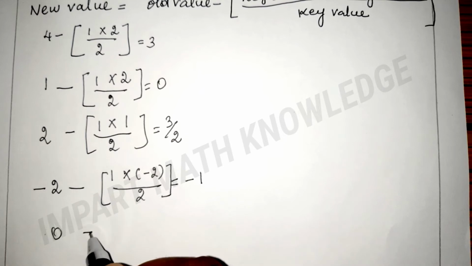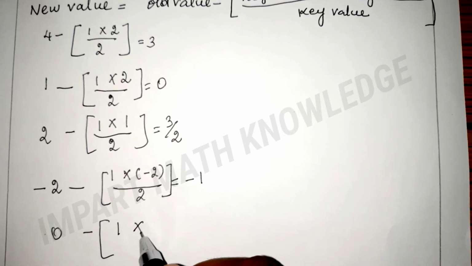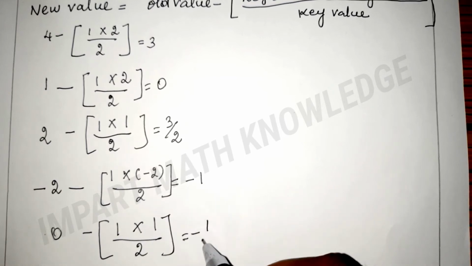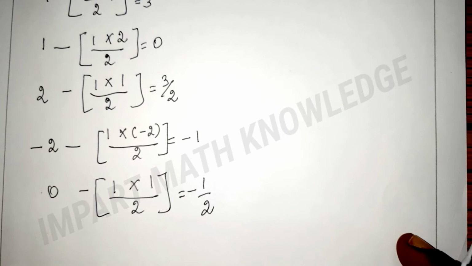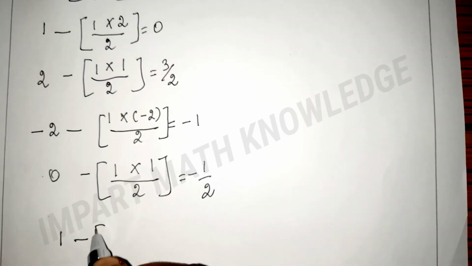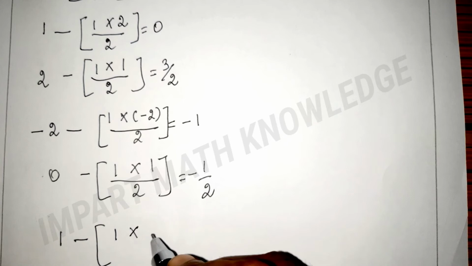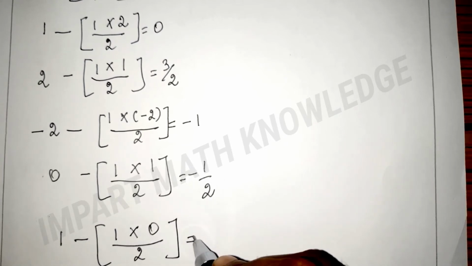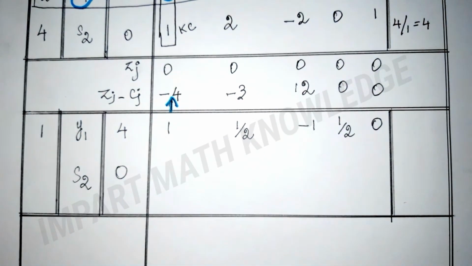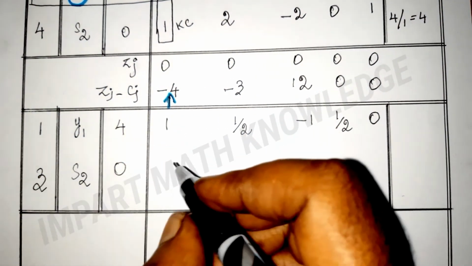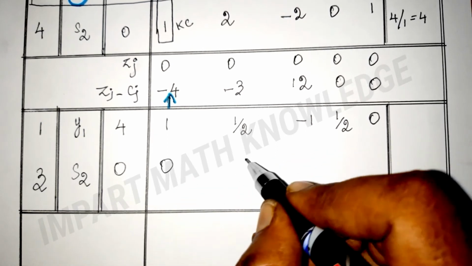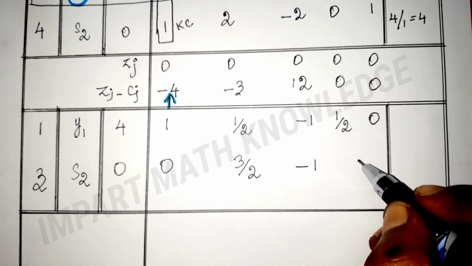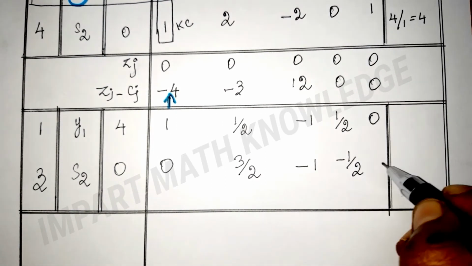Then the value is minus 1 by 2. The last value is 1. Now the values are 3, 0, 3 by 2, minus 1, minus 1 by 2 and 1.